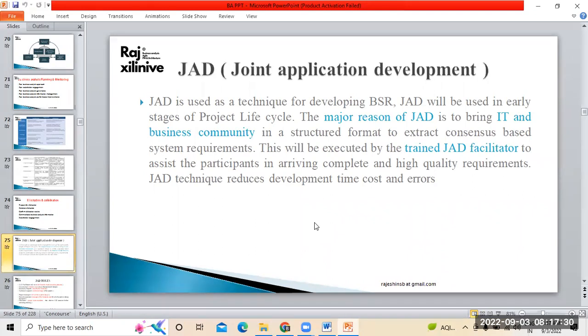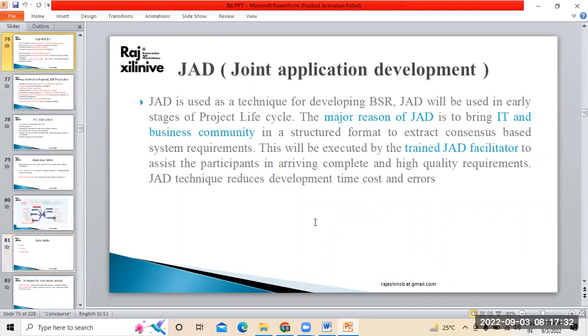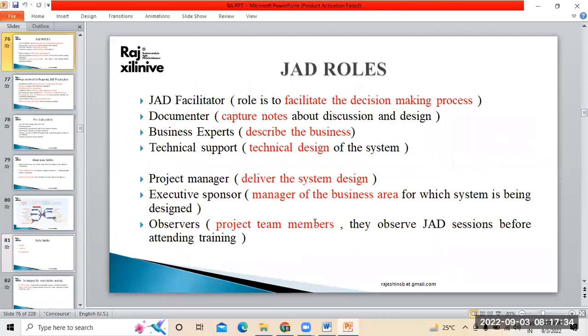Now, who is going to be involved in the JAD session is the question. These are the different roles you can see in JAD. The first role we call the JAD facilitator. The JAD facilitator is the person who facilitates the whole process of the JAD session. Normally, whoever is facilitating the process will have the final decision-making authority.